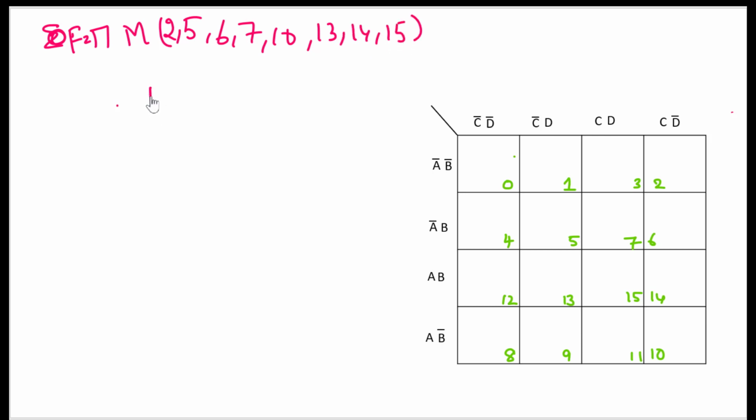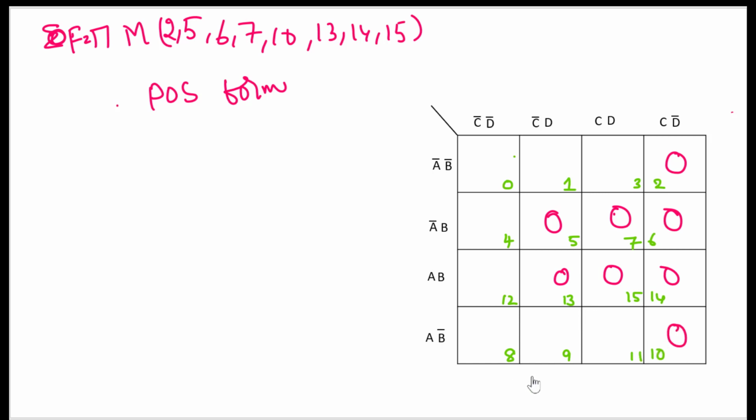I will try to get the POS form, the product of sums form. So in that case you have to first fill the zeros: 2, 5, 6, 7, 13, 14, 15 and 10 also.